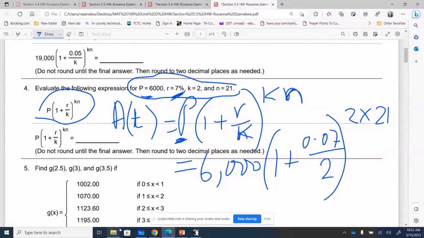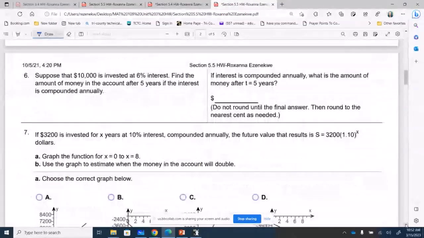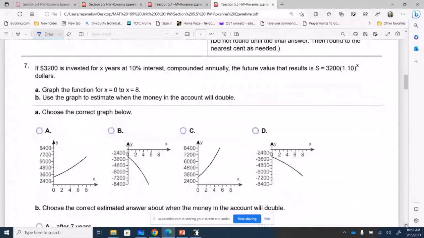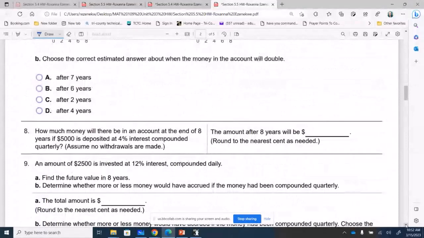Okay, let's go to a question that is compounded continuously. So I'm looking for a question that says compounded continuously.